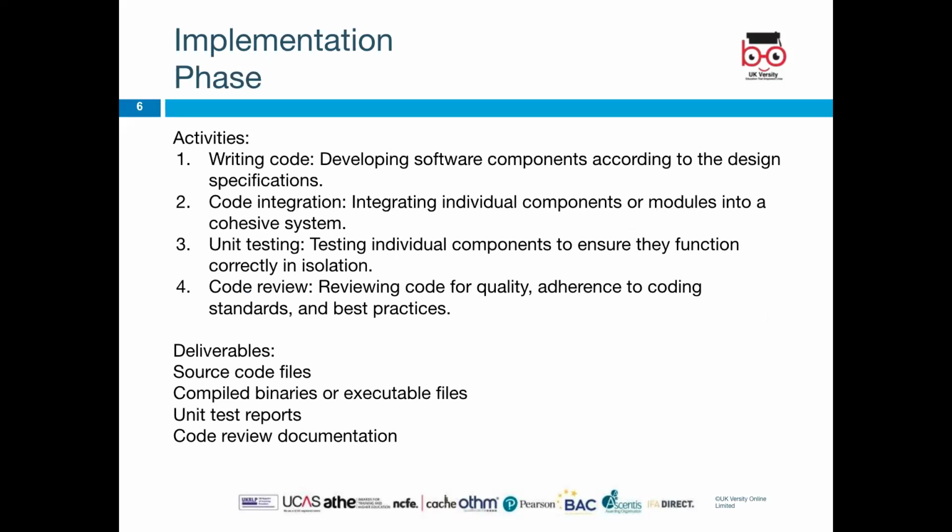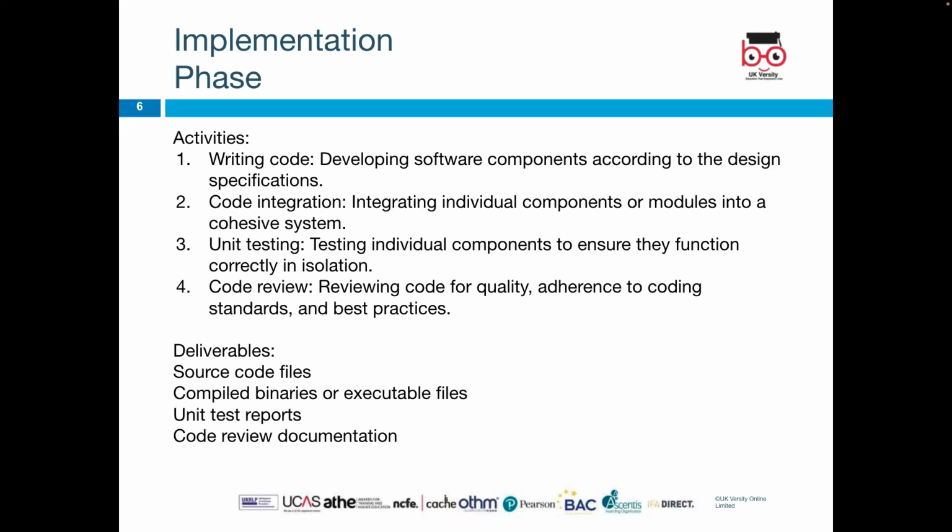The next phase is the implementation phase. There are 4 activities here. This involves you writing code, developing software components according to the design specification. Code integration, integrating individual components or modules into a cohesive system. Unit testing, testing individual components to ensure they function correctly in isolation.